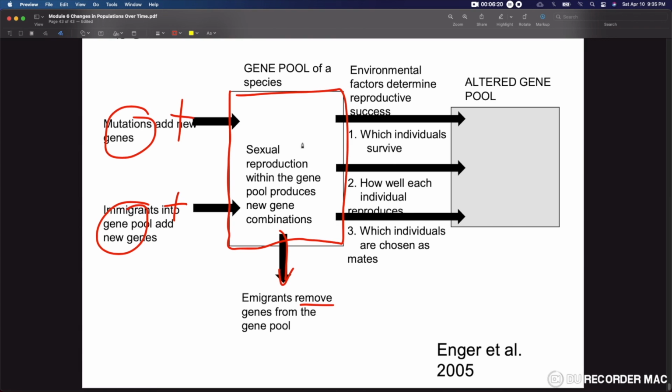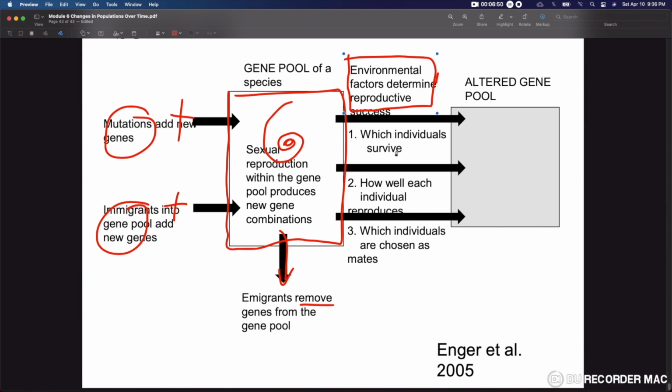Yes. And your organisms in here will sexually reproduce with one another to create all of those gene combinations. Of course, your environmental factors here would determine what genes would survive and what traits, genotypes, and phenotypes would survive, no? And would have a successful survival in your population.